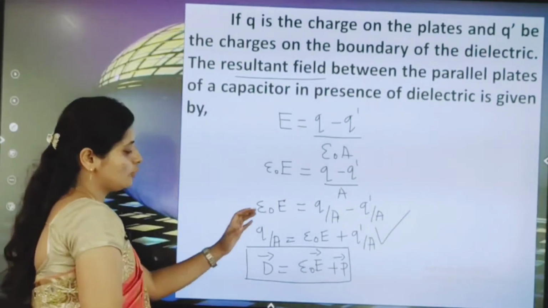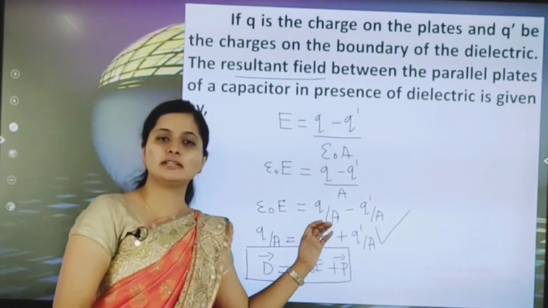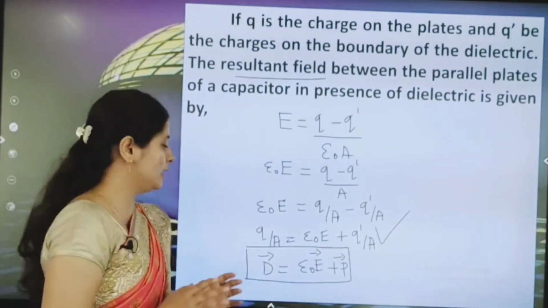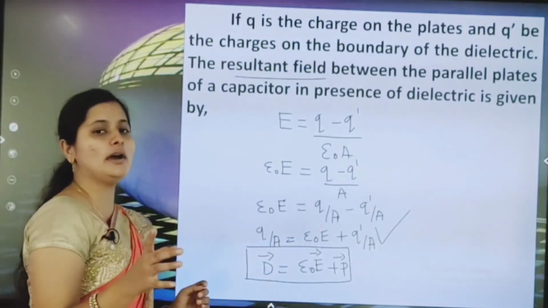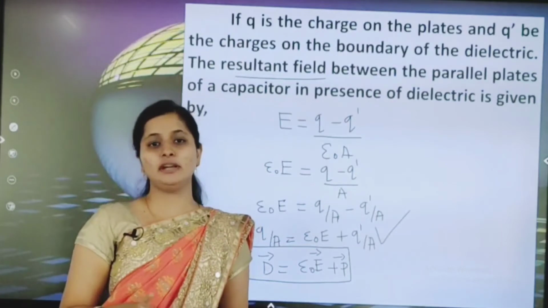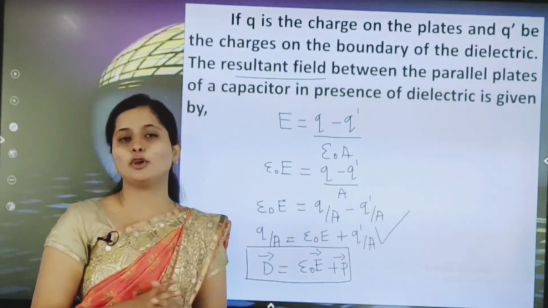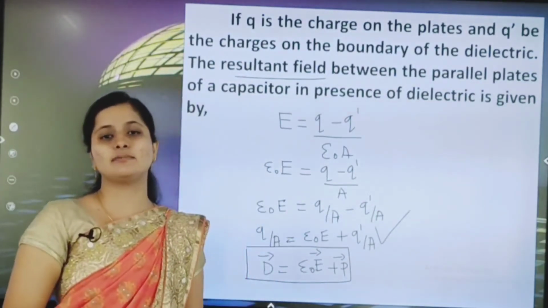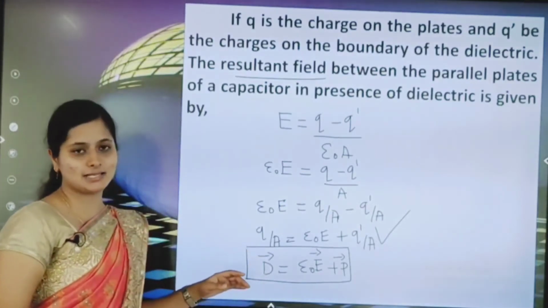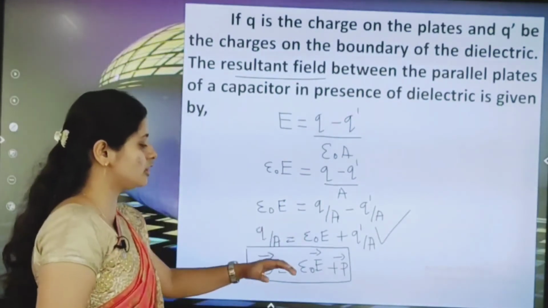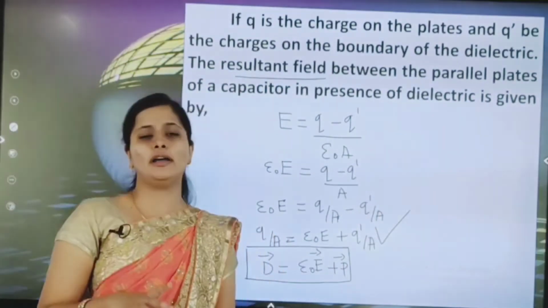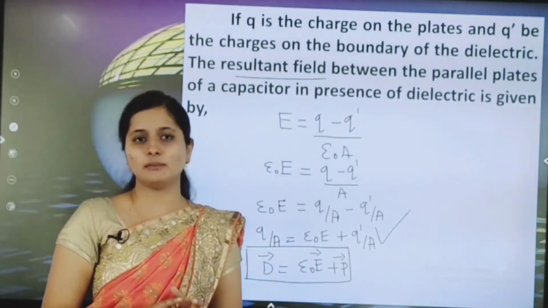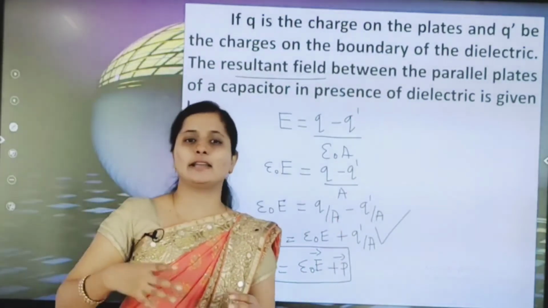So we will get this equation. So here Q by A is equal to epsilon naught E plus Q dash by A. Next term, Q dash by A we are taking D. Why? Because of the electrical displacement. Our final answer is D equal to Q by A. So by the electric displacement we can write Q by A as a D. Next, epsilon naught E as it is, taking Q dash by A as a P. So why we are taking here Q dash by A as a P means our charges get electrically polarized.